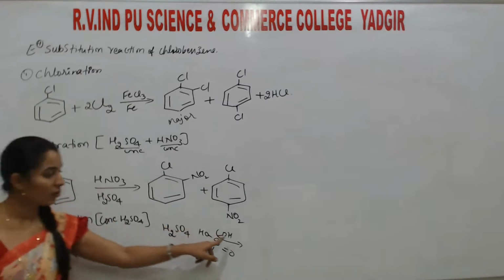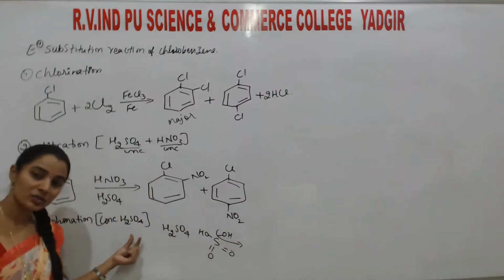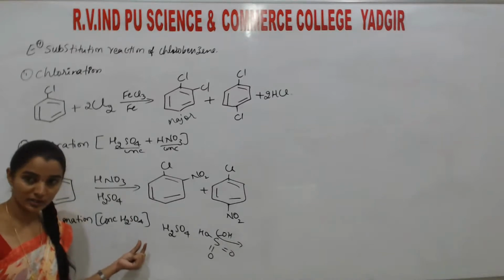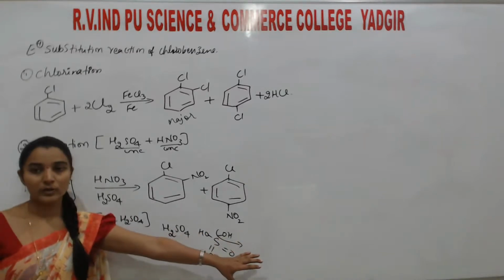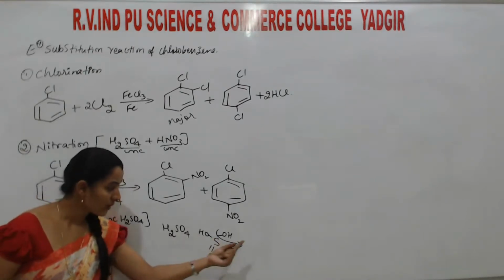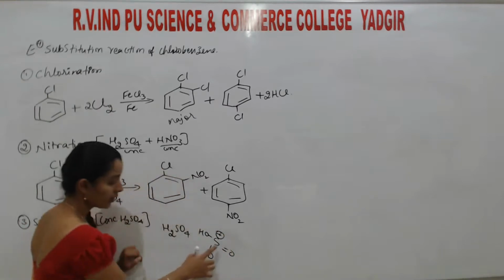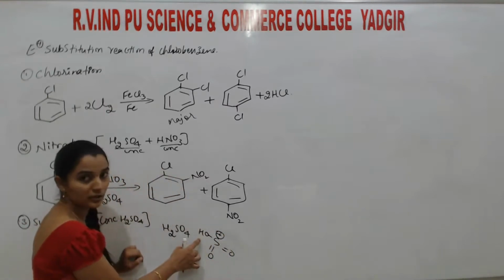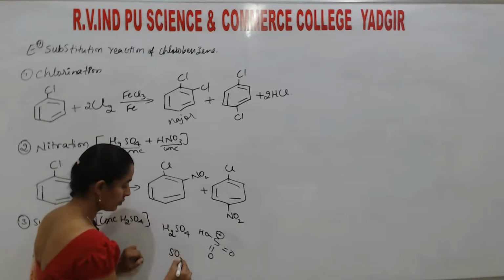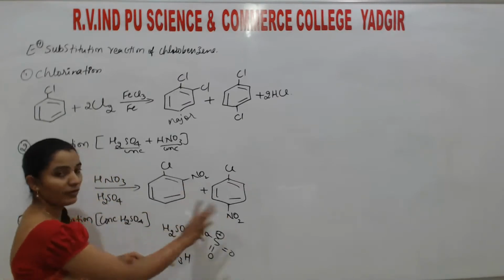H+ and OH- form H2O. Always, you know, concentrated H2SO4 is a dehydrating agent. Water molecule removal takes place, but they won't say. So if OH- is liberated, then plus will form here, but it is SO3H. This SO3H is going to attach in the place of the aromatic carbon.